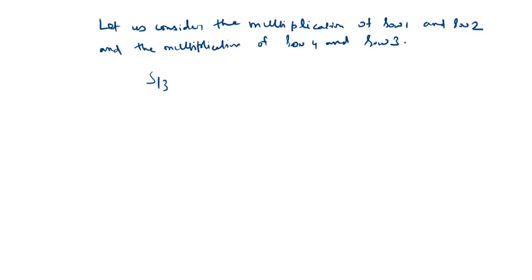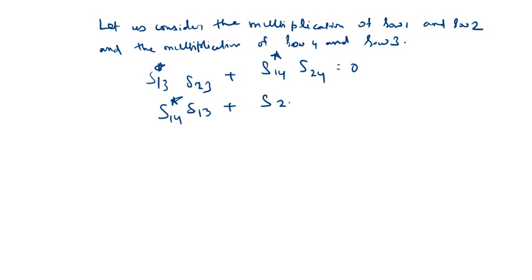We are getting S13 conjugate multiplied by S23 plus S14 conjugate S24, and that is obviously equal to 0. Then S14 conjugate multiplied by S13 plus S24 conjugate multiplied by S23 is equal to 0.